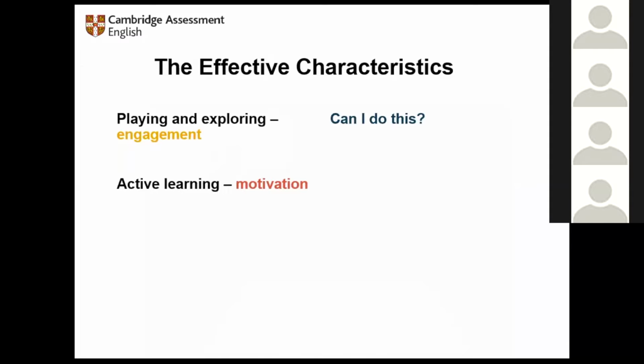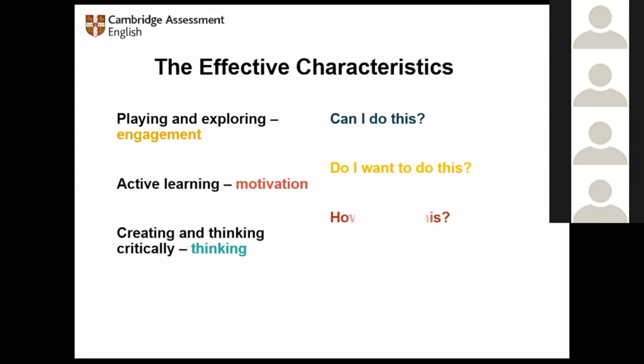Second is the desire to take part in an action or in an activity or in an assignment or in a homework: motivation. And then the third element is the ability to analyze, the ability to synthesize. The thinking component is crucial for me in terms of highlighting these characteristics.